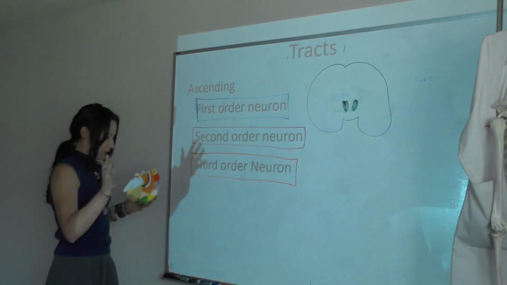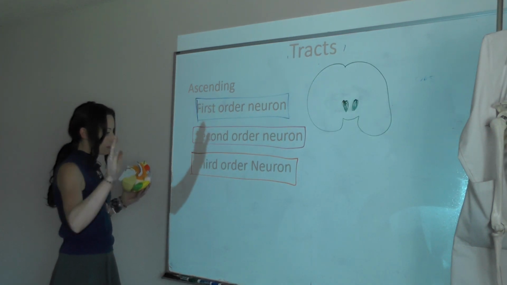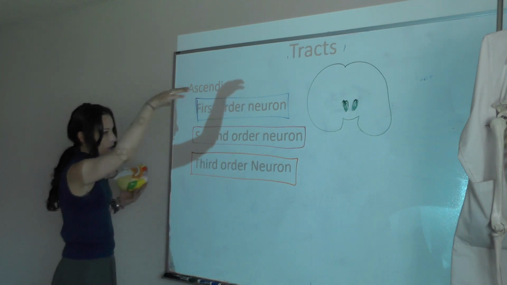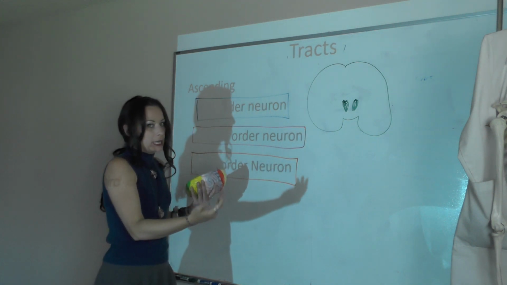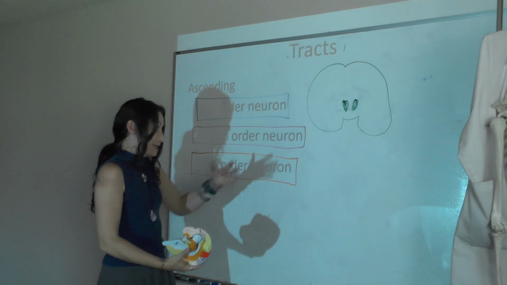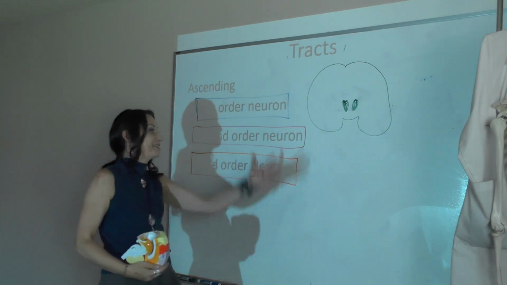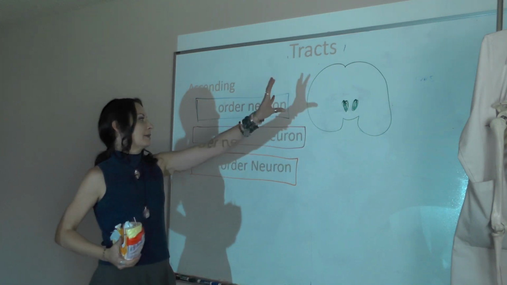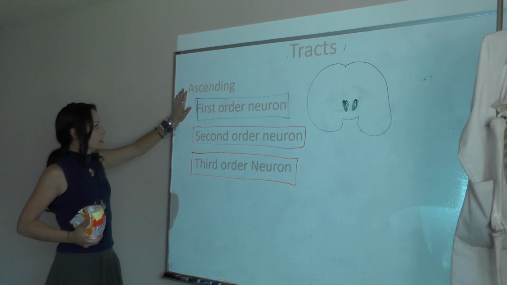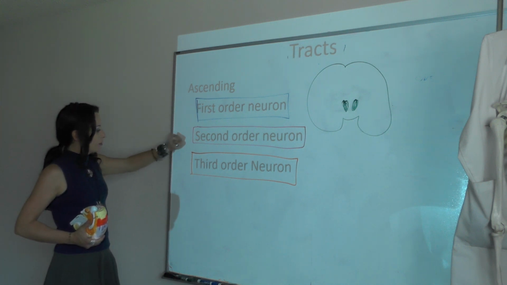All right, so let's think about this from the perspective of the body up to the brain, which is how books teach it, right? We're going in the reverse order from the brain down, and that's because the brain controls everything. So everything else you have to learn is controlled up here. So we're starting up here. Let's talk about these ascending tracts and this relay of information.